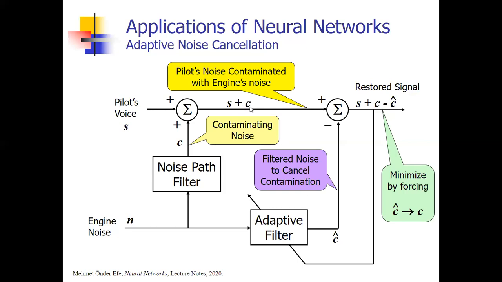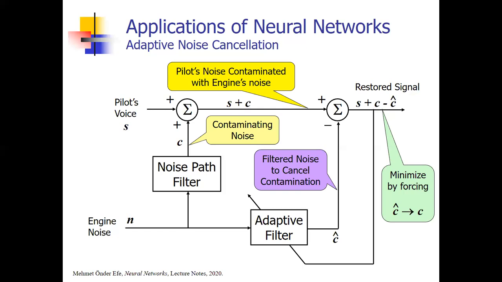Okay. Now my idea is the following. I will use an adaptive filter here, and I will remove the response of this adaptive filter from this signal. S plus C minus C hat is the restored signal, and this restored signal will be broadcasted into the aircraft, to the passengers.